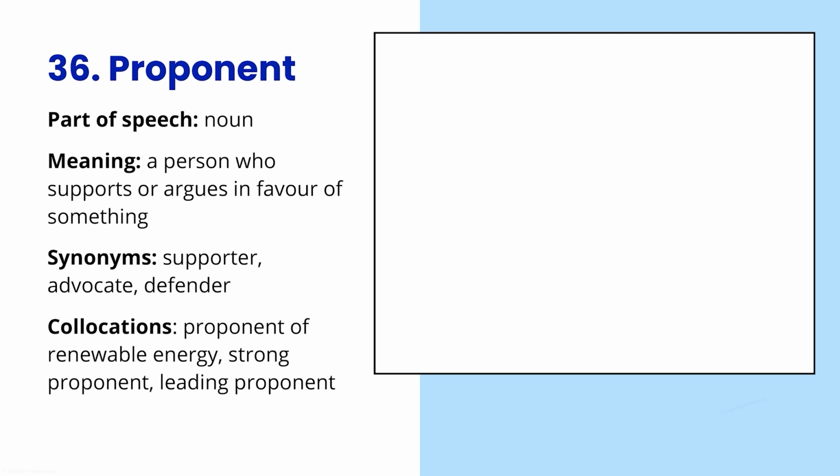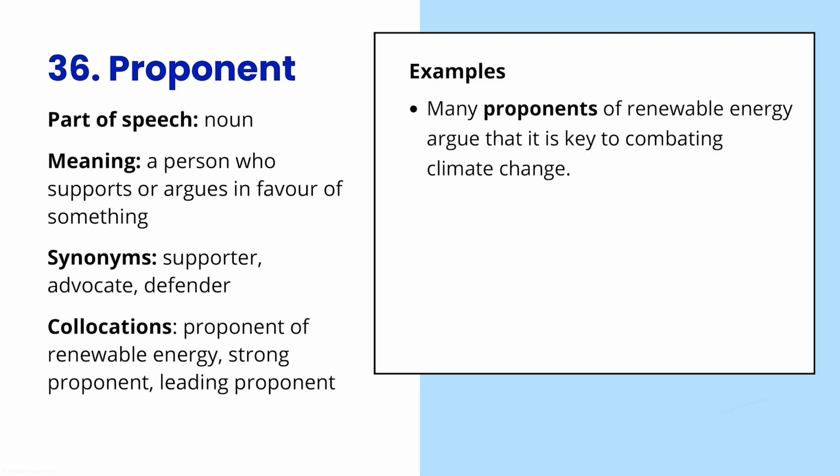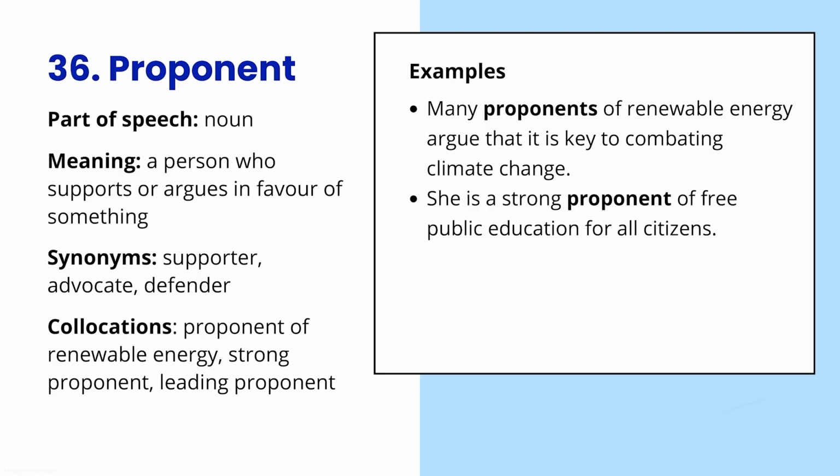Leading proponents. Examples. Many proponents of renewable energy argue that it is key to combating climate change. So this means that many people who support renewable energy argue that... She is a strong proponent of free public education for all citizens.